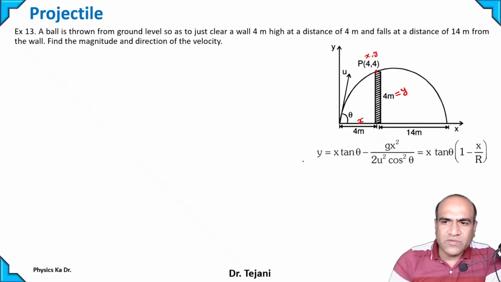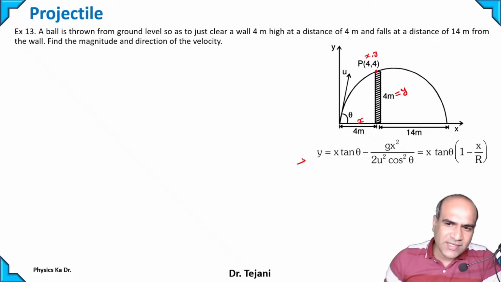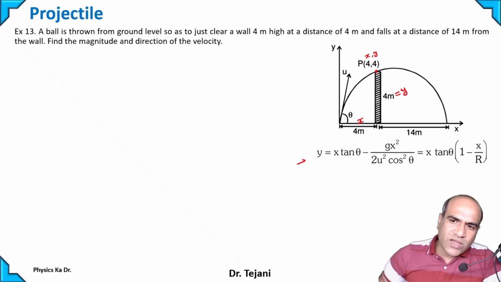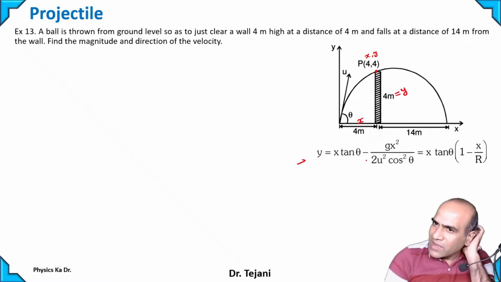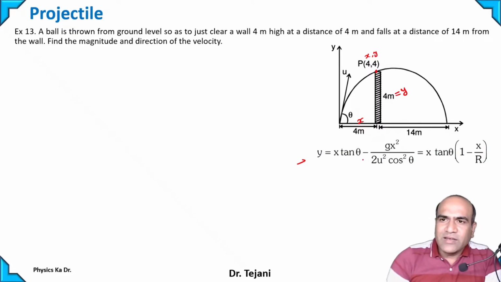We know the equation y is equal to x tan theta minus g x square divided by 2 u square cos square theta, equal to x tan theta times (1 minus x by R). And it is mentioned that the ball falls at a distance of 14 meter from the wall. So it starts from here, crosses the wall at 4 meter away, and then travels further.